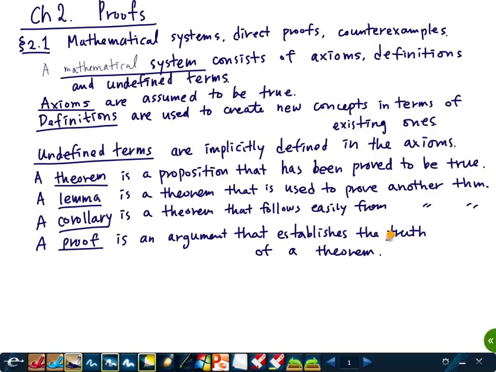So once you have a proof of a theorem, finally it becomes a theorem. Before any proof, it's just a conjecture or just a proposition that we don't really know whether it's true or not. But once you have a proof, it really becomes a theorem. Okay, so we use this in mathematics.